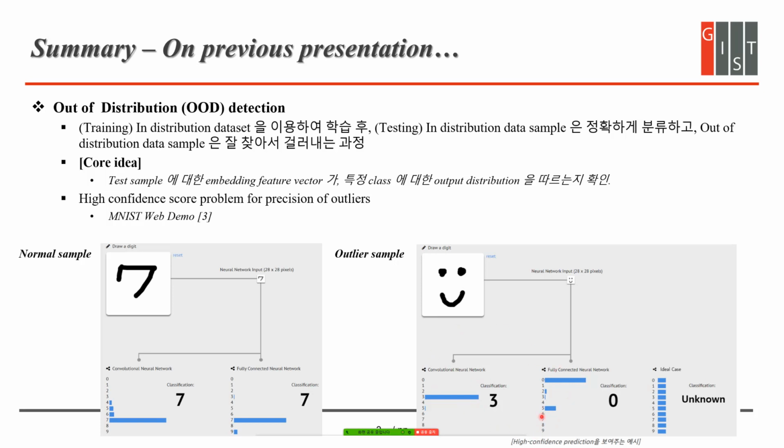So in these two cases, the model could misclassify the input even though the sample comes from the out of distribution dataset.